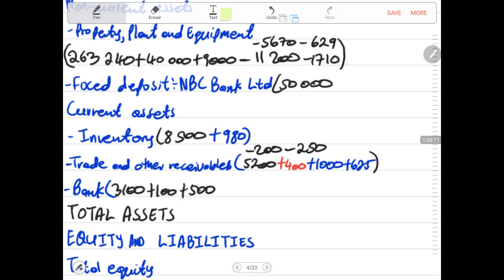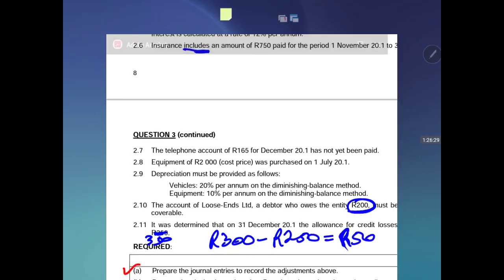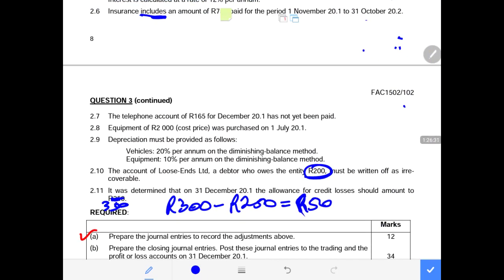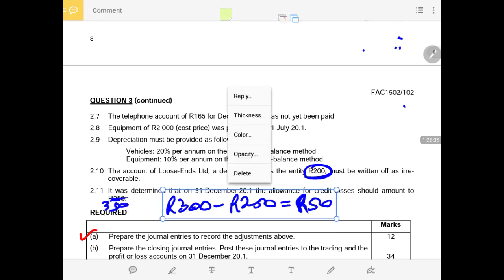But we compare it with the previous year in the income statement and we record the difference. If it's an increase in the allowance from the pre-adjustment to the adjustment, we add. If it's a decrease, we deduct under our bad debts or credit loss in the income statement. Now, I think that was the last adjustment that we have accounted for.